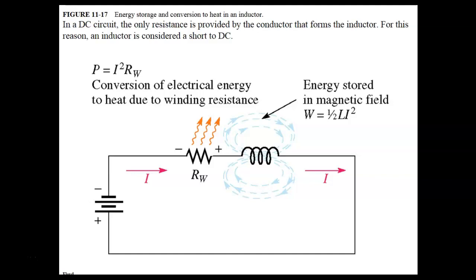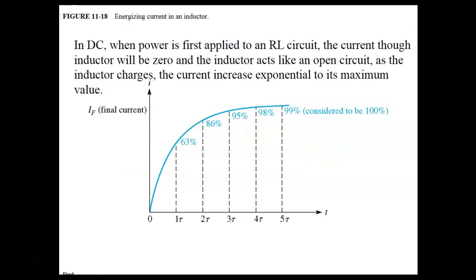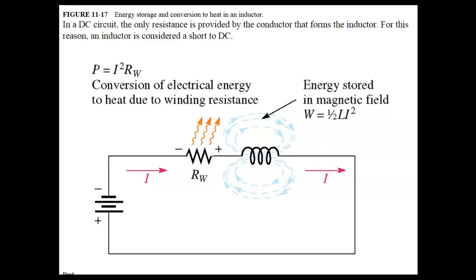But the 7 Henry one that I gave you would measure really, really low. The bigger the Henrys, the less the resistance.